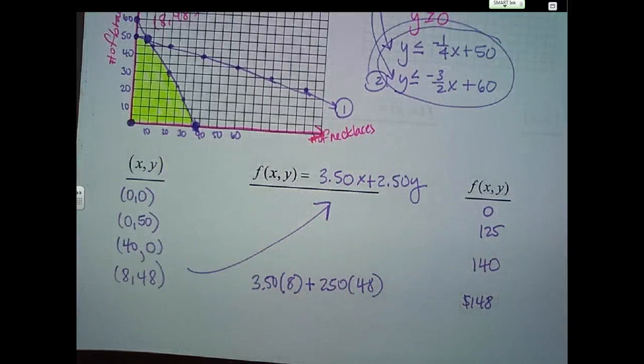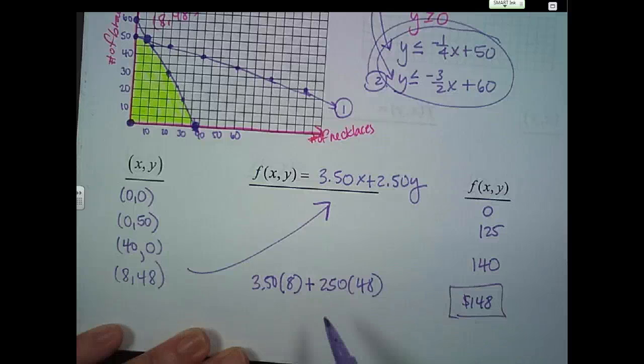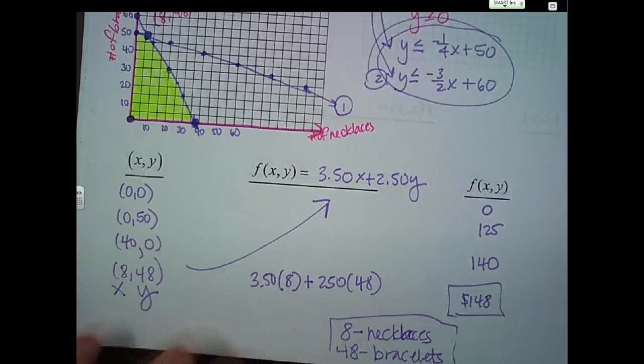So which one is the maximum, guys? Yeah, 14,800. So the answer then is you need to sell, this is the X value and this is the Y value. So I want to sell 8 what? Necklaces? And 48 what? Bracelets. That's the best way to get the most money. That's the best way to maximize your profit.